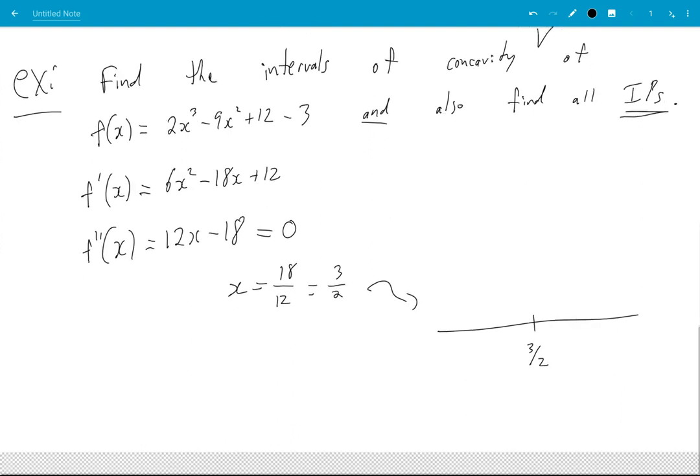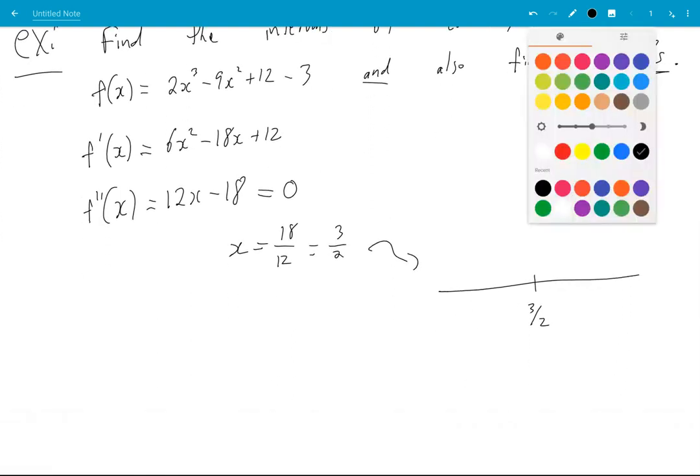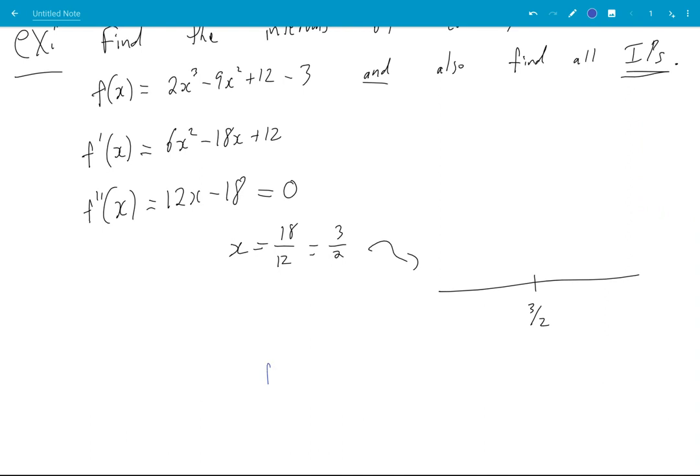And then you do some test points. Let's say in blue here. f double prime of x is 12x minus 18. f double prime of 0 is negative 18. f double prime of, let's say 2, is 6.